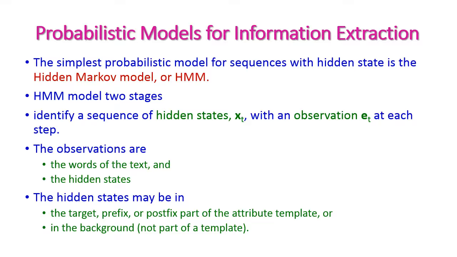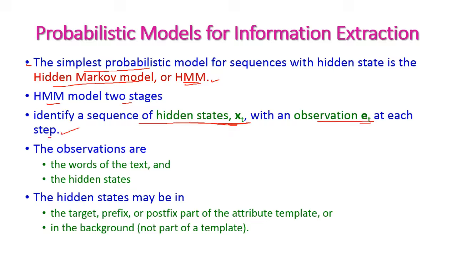The probabilistic model for information extraction. The simplest probabilistic model is the hidden Markov model, otherwise called HMM. In HMM there are two stages. First, it will identify a sequence of hidden states, represented by Xt, and the corresponding observation, Et, at each step.